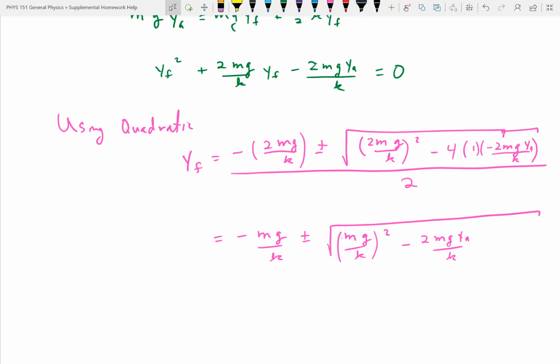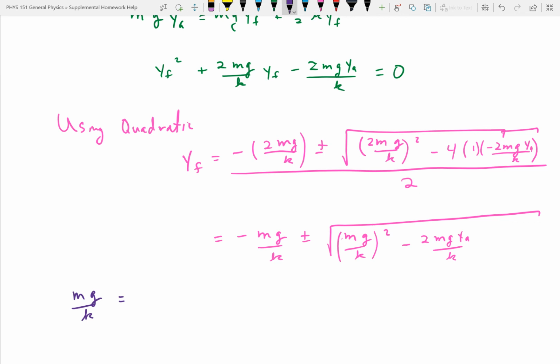Okay, so I just did math there all in quiet because I'm by myself. Let's calculate really quickly. Mg over K is equal to, and of course I haven't got a calculator, so I've got to bring up a spreadsheet just to do this. So my mass is equal to 90 kilograms.